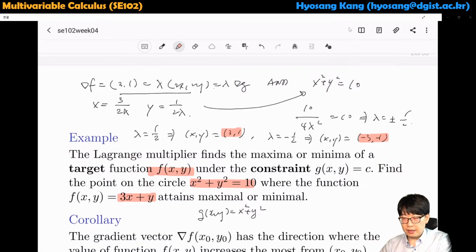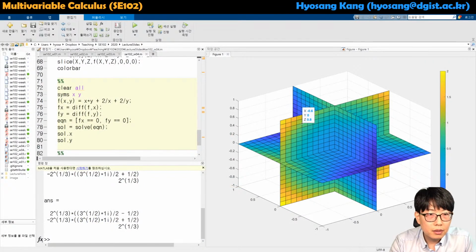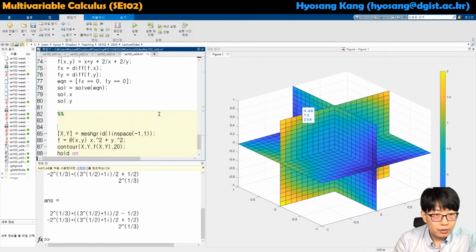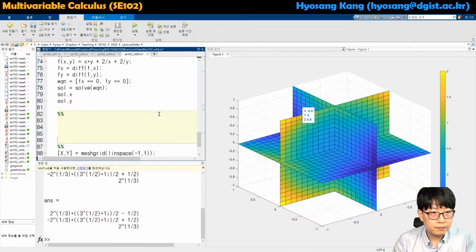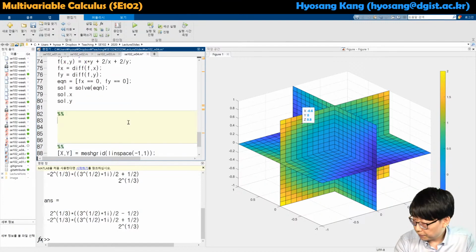So let's look at that in MATLAB here. Let's first draw the graph of function f.